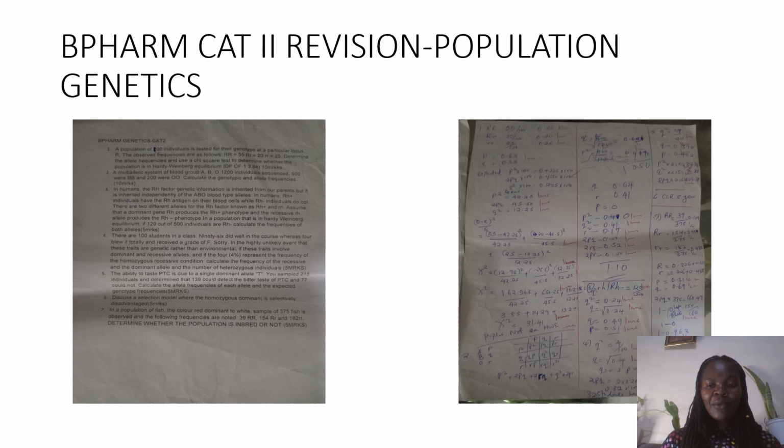Then you'll have q. 200 over 1,200, get the square root. You'll get r. But already, if you do that, you get q as 0.64 and r as 0.41. Already that is 1.05. It is not at 1 because they should add to 1.